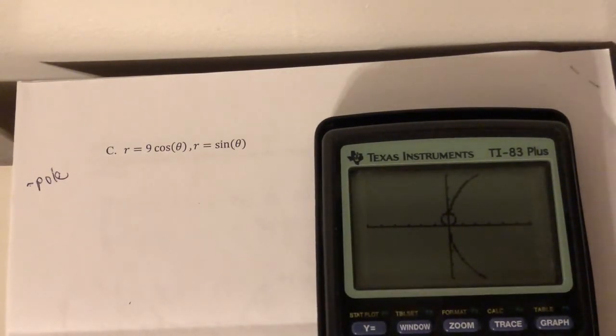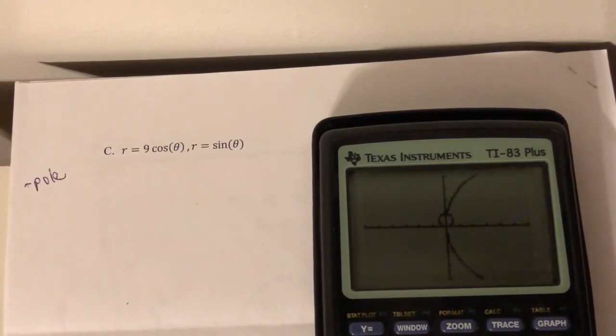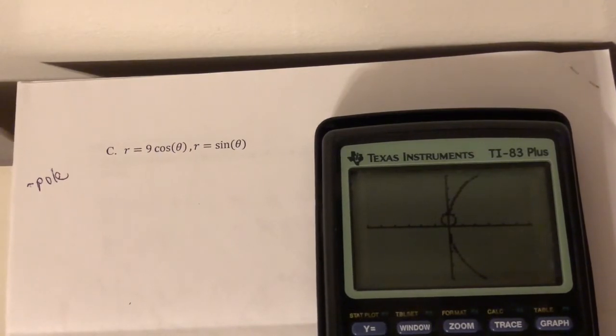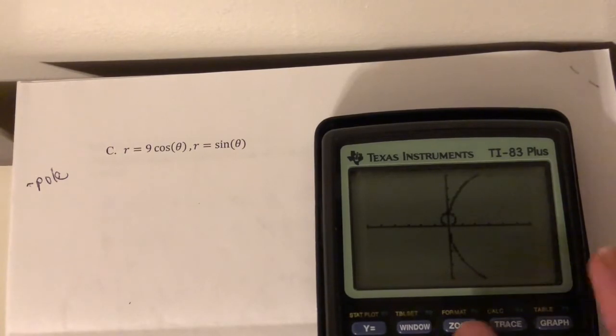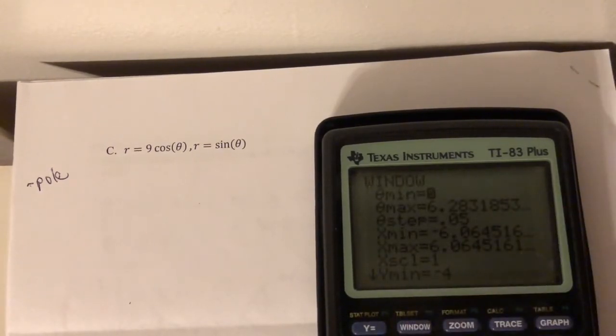Now if I zoom out, really I don't even need to zoom out to see the intersection points because the sine circle is so small. It looks like we've got 1 additional intersection point, and it's going to be in the first quadrant. So if I zoom out, just so you can see the full sine circle, say negative 9 to 9, and let's say negative 5.5 to 5.5.